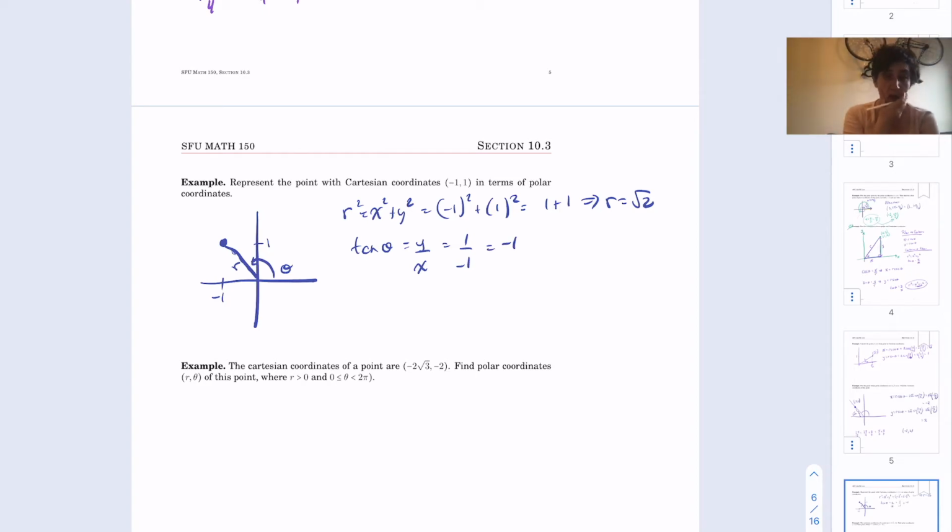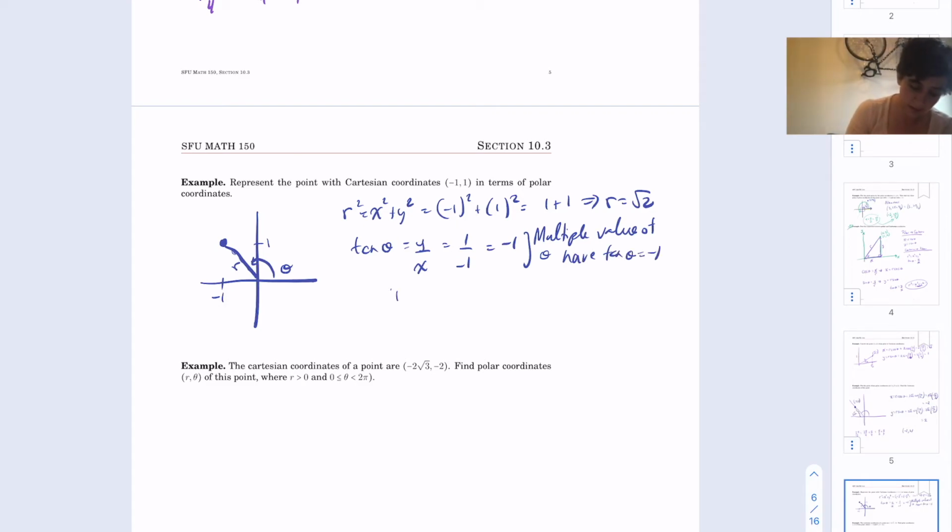And so there are multiple values that will do this, absolutely. We're going to take the smallest one that is positive, okay? So multiple values of theta have tangent negative 1.